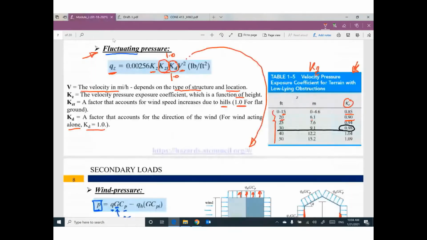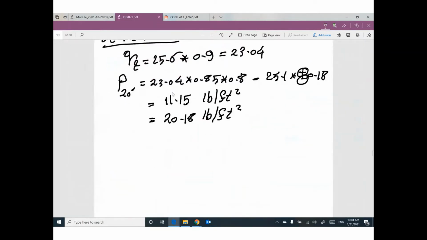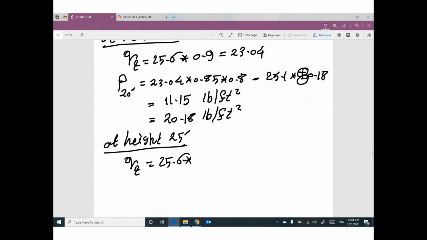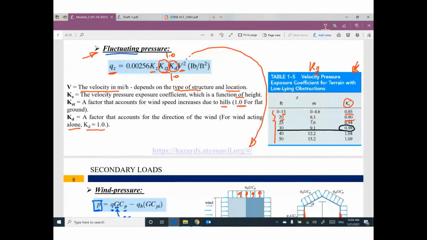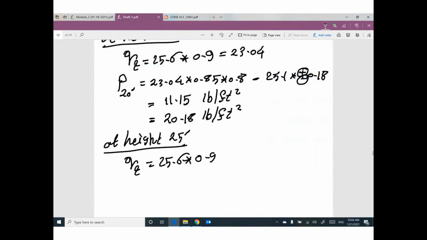The next height is 25. So at height 25 feet, QZ equals 25.6 times KZT, which at this height will be 0.94. So 25.6 times 0.94 equals 24.06.